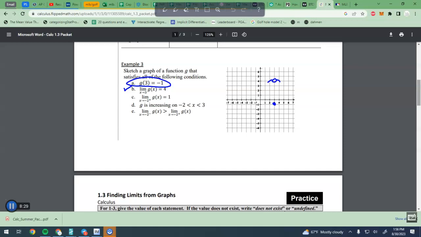As X approaches -2 from the right, so from this side, the limit is 1. So at -2, 1, I don't know if it's open or closed. I'm going to leave it open now because it's easier to close it later if I have to than it is to unclose it.